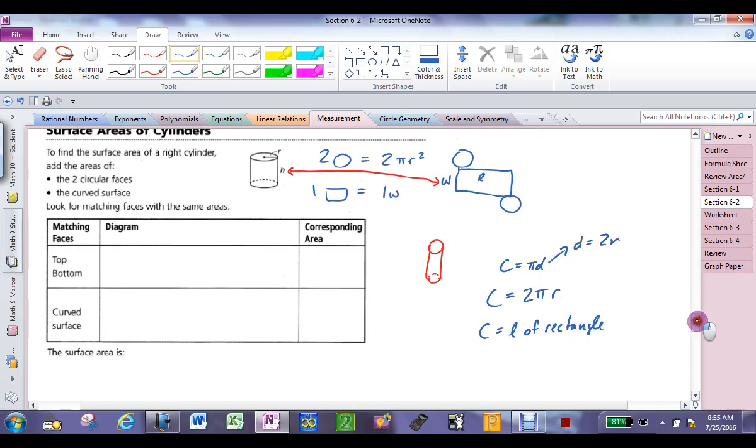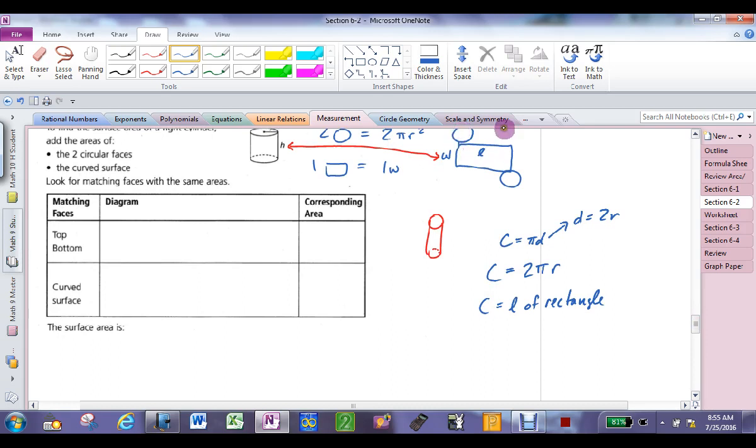So that must mean that a surface area of a cylinder has 2 pi r squareds, that's the circles, plus 2 pi r h. 2 pi r gives me the length of the rectangle. The h we know is the width of the rectangle.